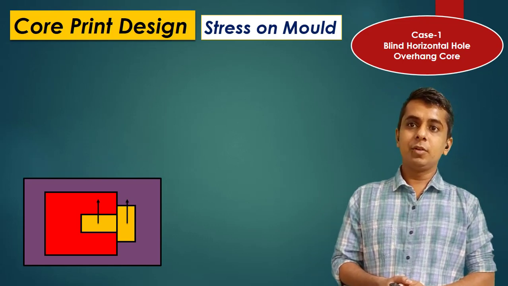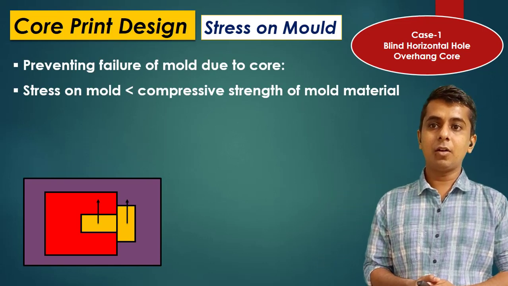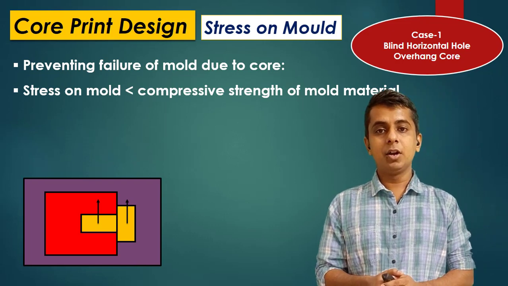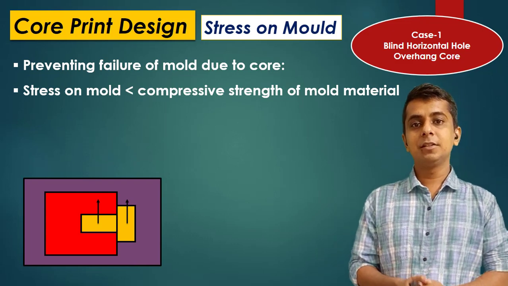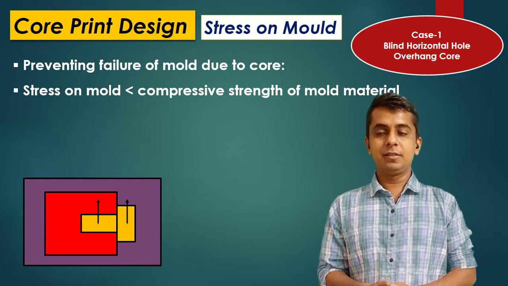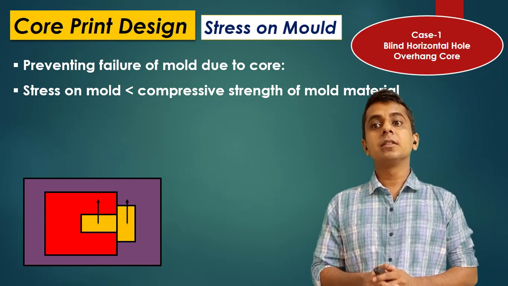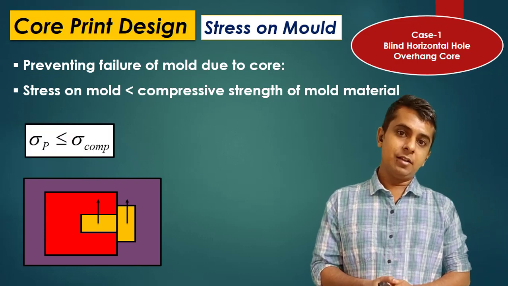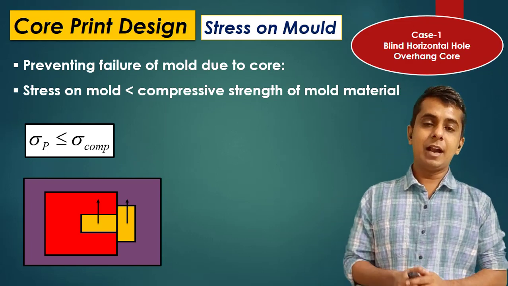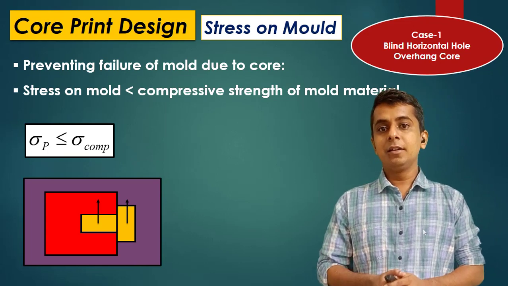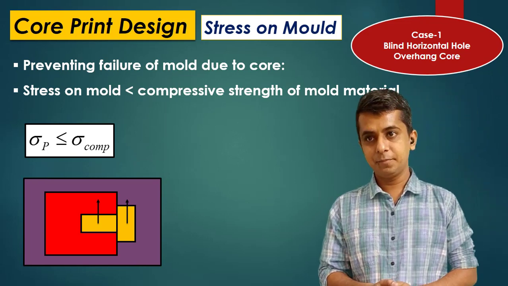So the consideration here is that the stress caused by the core print on a mold should be lesser than the compressive strength of the sand mold. Otherwise, there may be a chance that the core print may crush the molding sand, and due to that crushing, there may be misalignment of the core print at the parting line, and so a problem in getting the desired cavity in the casting.